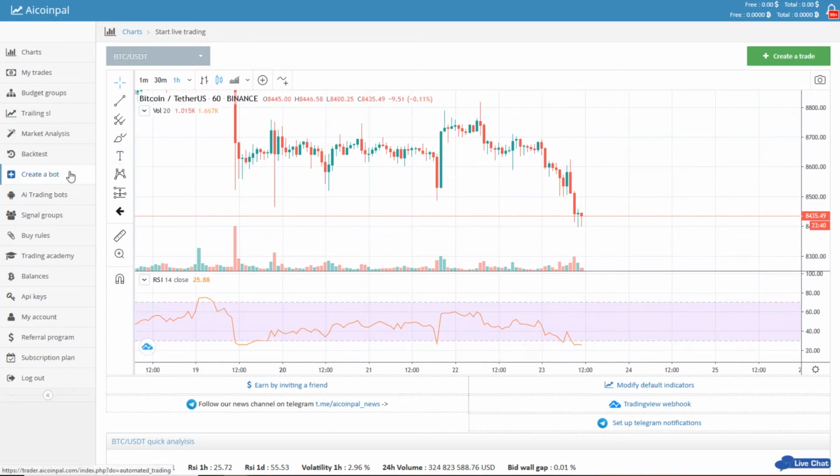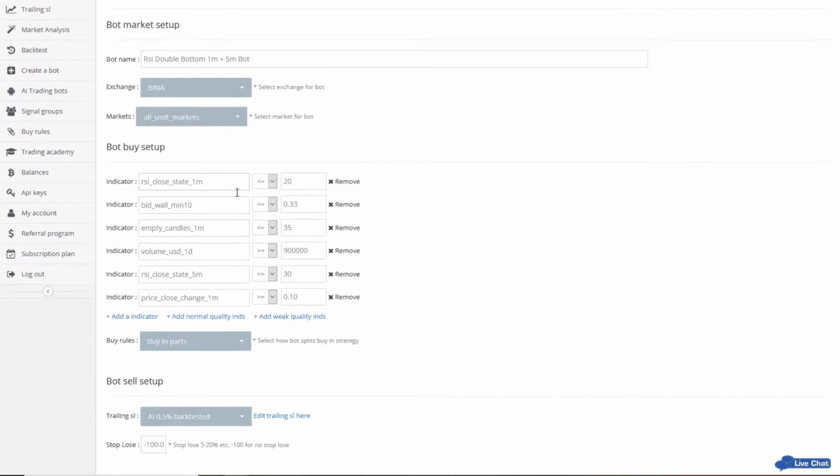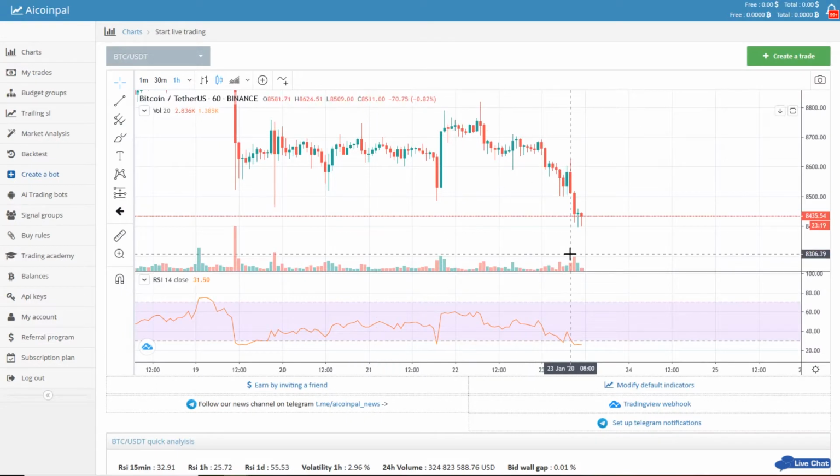As we were talking about in the previous videos, I showed you that we made an RSI double bottom bot, and it's really nice to backtest such strategies, and you see that such a strategy works profitably. But the toughest part, if you're doing manual trading, is that you would not be able to pick up these small drops to get beneficial trades.